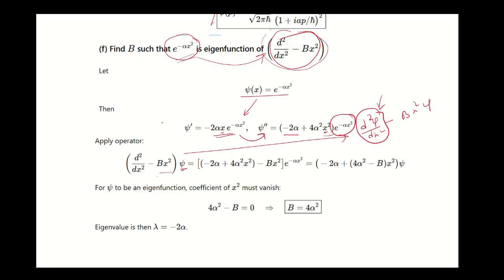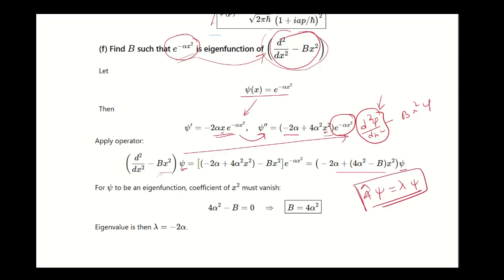If we substitute here and then common out the term psi, then to prove that this psi function is an eigenfunction of this operator, we have to arrange it like this equation. That means if we operate A on psi, it gives lambda psi, then this equation is called the eigenvalue equation.